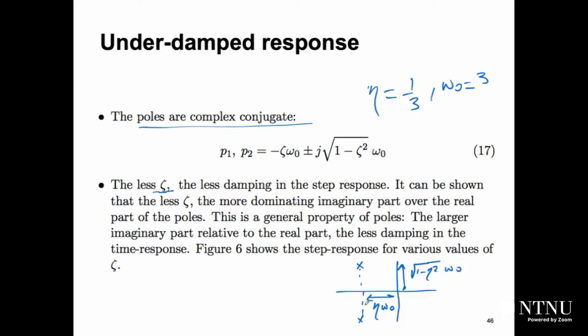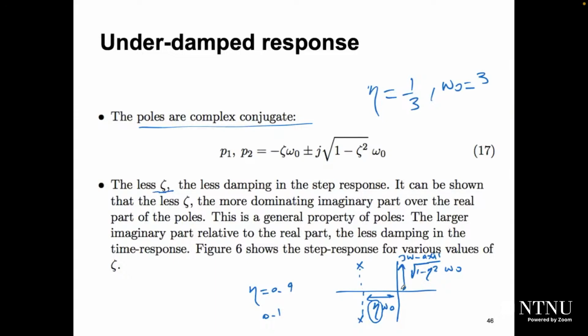So when zeta is smaller, the damping ratio will be less. When you decrease zeta, what will happen? Imagine zeta is 0.9 and then maybe 0.1. When it's 0.1, you will be closer to the j omega axis, correct? And when it's larger, you will be far away from it.